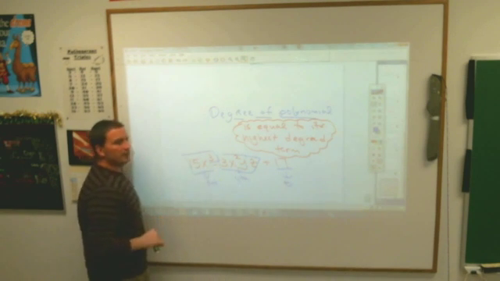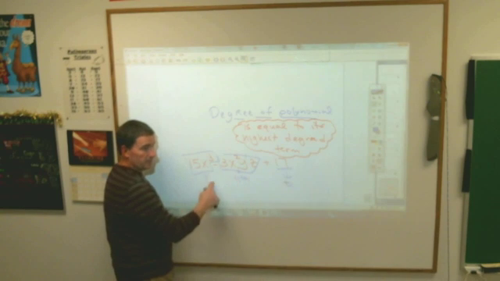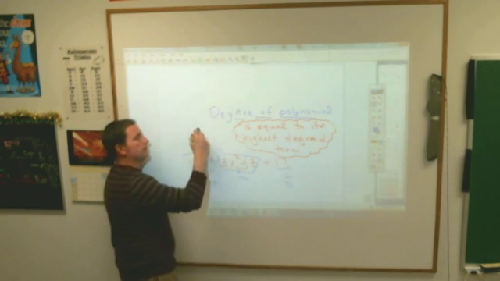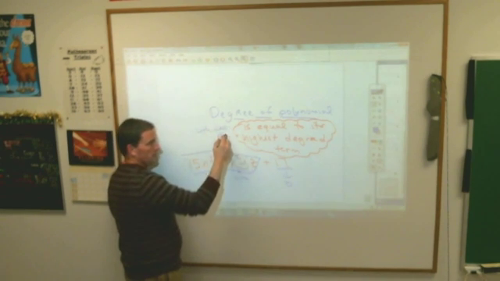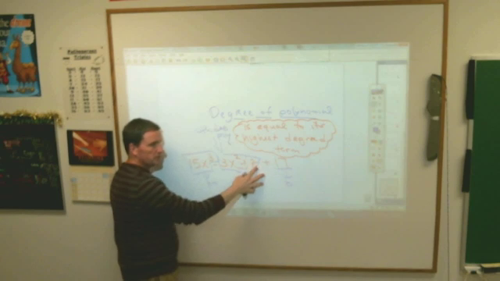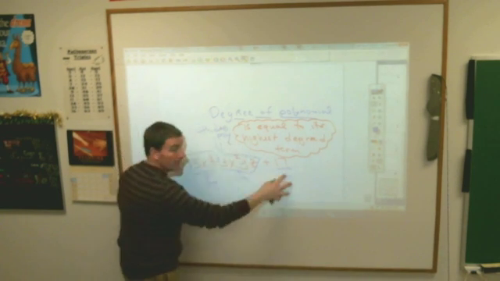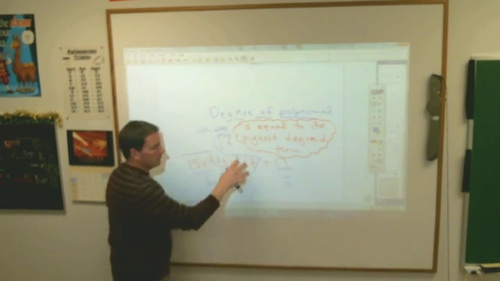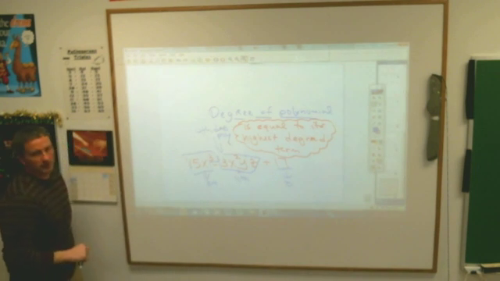The degree of the polynomial is equal to the highest of the degrees of any of the terms. So this is a fourth degree polynomial. You don't add them all together. You find each one separately, and whatever the largest one is, that's it.